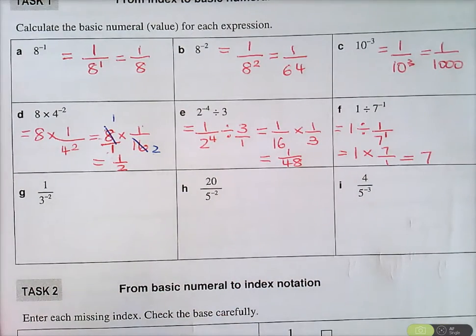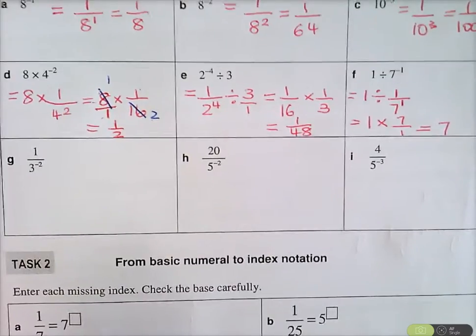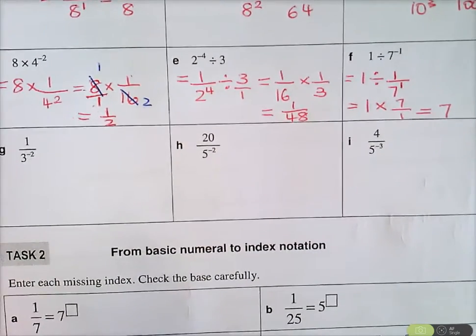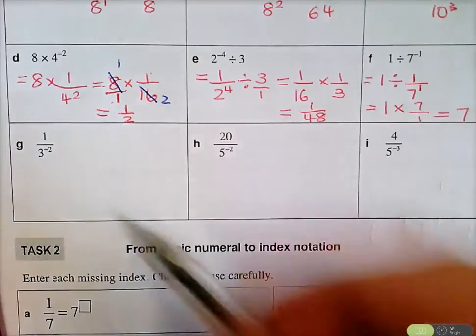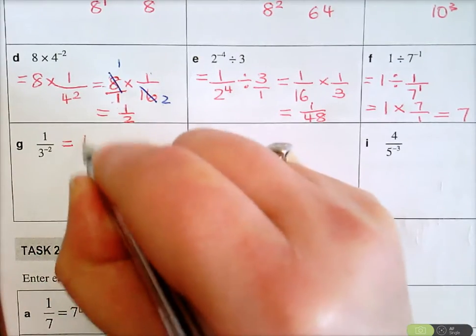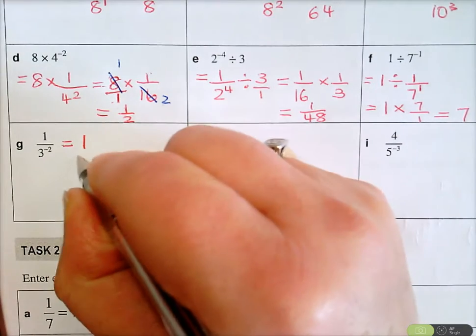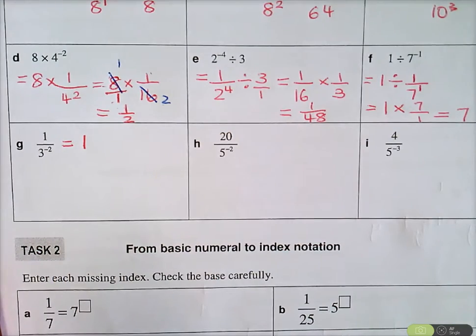If you see a division where there are fractions involved, change the divide to a times: keep the first one, change the sign, flip the second fraction. Keep, change, flip. All right, girls, see this? I would change the main division. Do you want to write 1 divided by 1 over 3 squared?